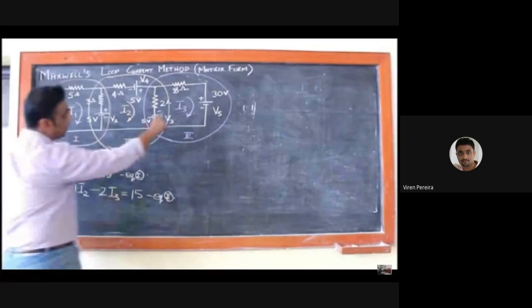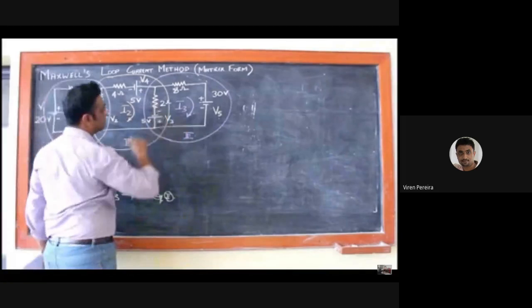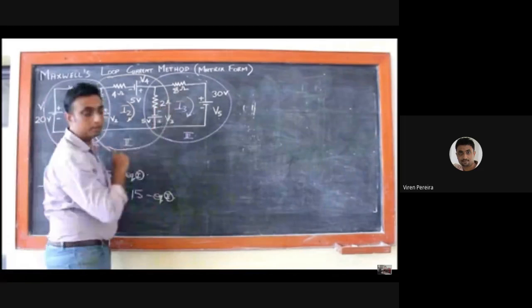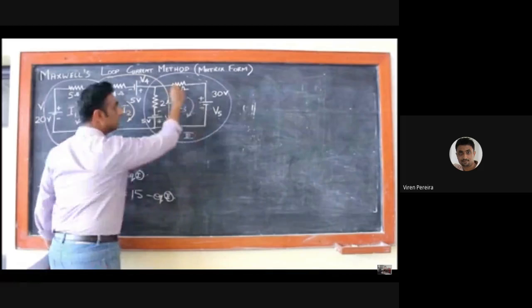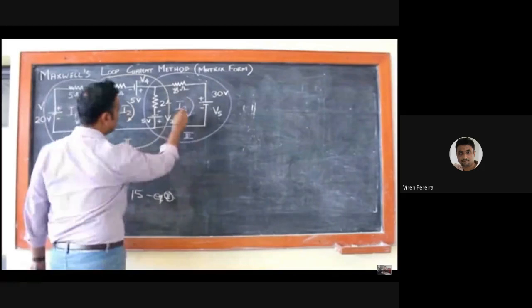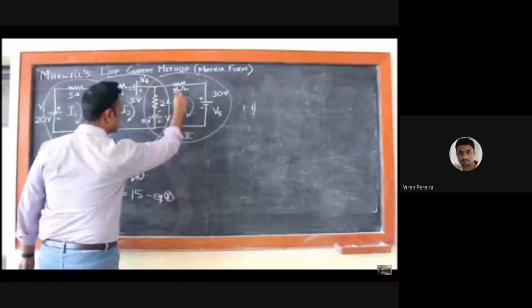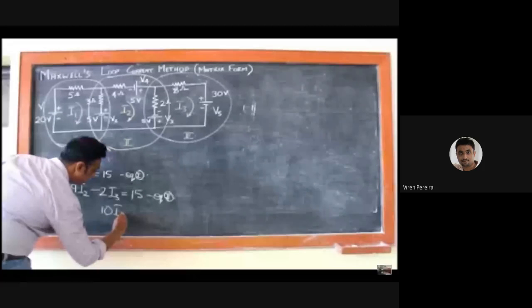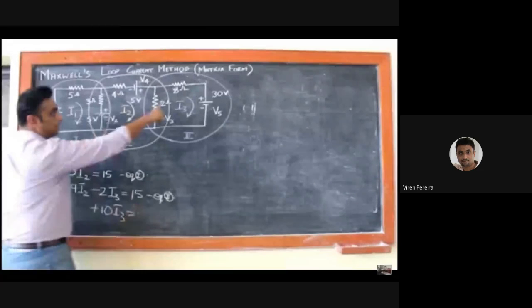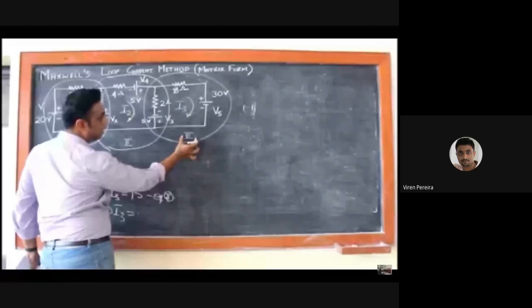So in loop 3 we have two resistors, 8 ohms and 2 ohms. Now I3 is flowing through the 8 ohms as well as the 2 ohms resistor. So 8 plus 2, it will be 10 I3 with the positive sign. It will take a positive sign because we are dealing with loop 3.